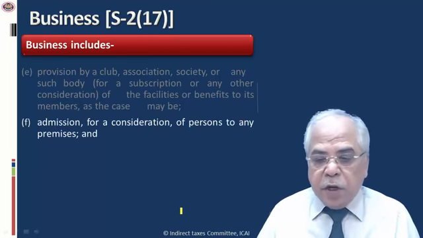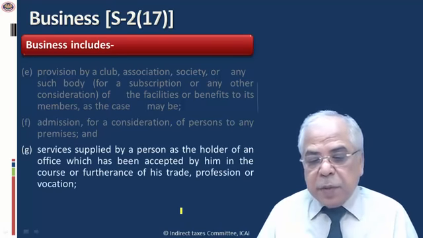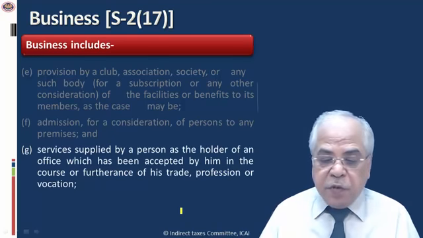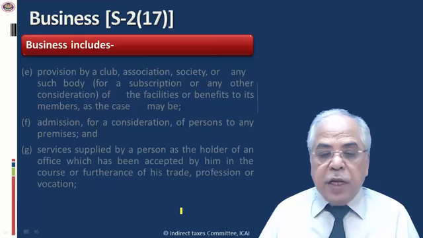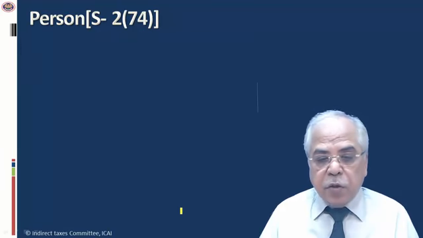Similarly, admission for a consideration of persons to any premises, and services supplied by a person as the holder of an office which has been accepted by him in the course or furtherance of his trade, profession, or vocation.